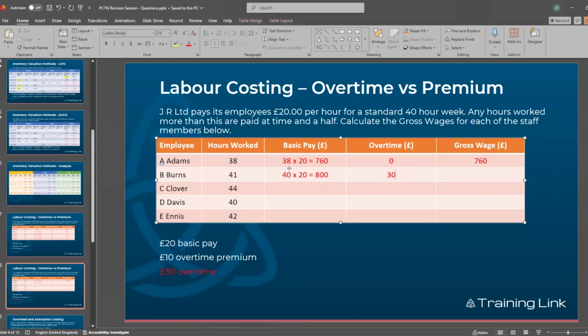So because there's only 1 hour worked over there, we're going to put £30 there as well, which gives us 830. Exactly the same below. 44 hours have been worked, but we're only recording the 40 basic there for the standard. We've got 4 hours worked at £30 an hour. So that gives us 120, which gives us our gross wage of 920.